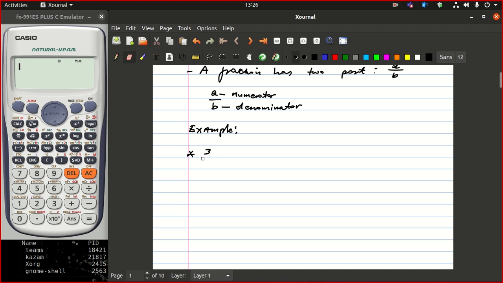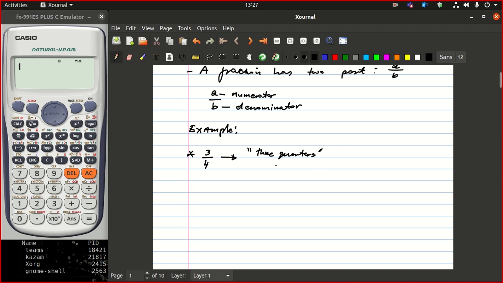Let me just say you have a 3 in the numerator and a 4 in the denominator. How do we read this? There are several ways to read this. One way, you might say we have 3/4. That's the first way to read this.